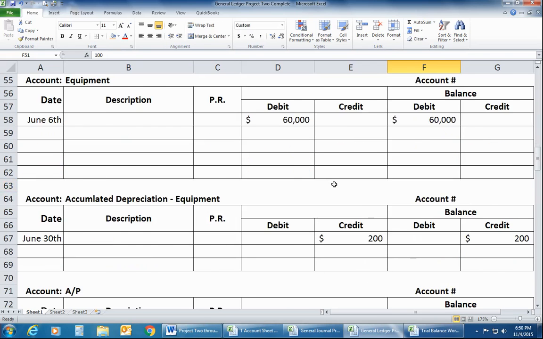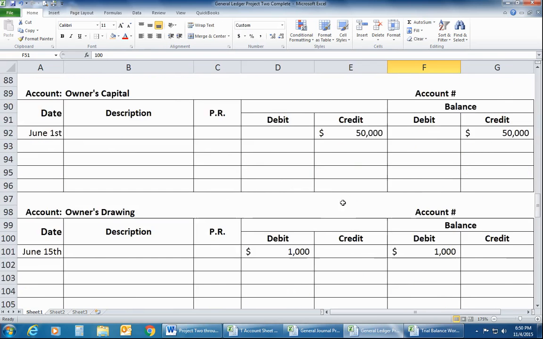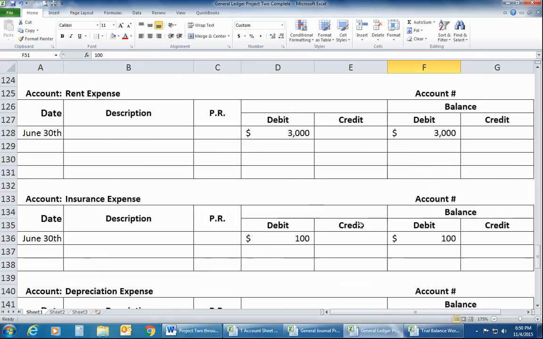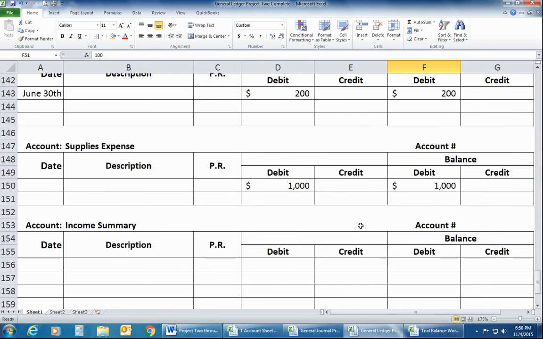At the same time, we need to come down and put in the entry for our supplies expense. So in this situation, we would find June 30th, and then we would have a debit entry of $1,000, which would now give us a debit balance of $1,000.